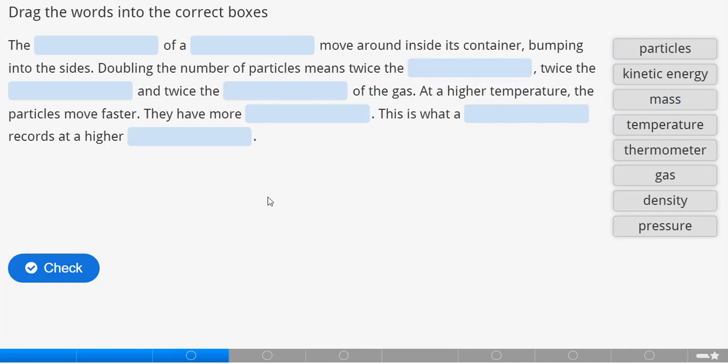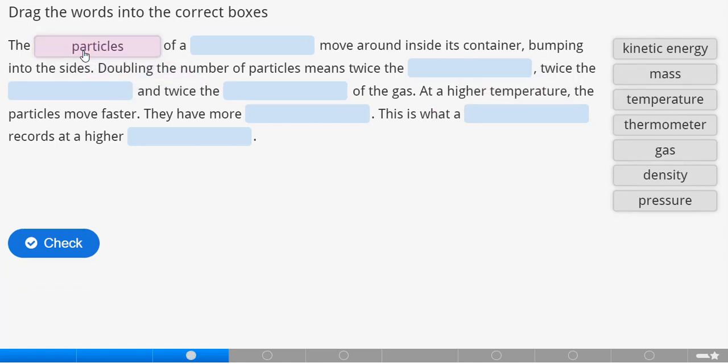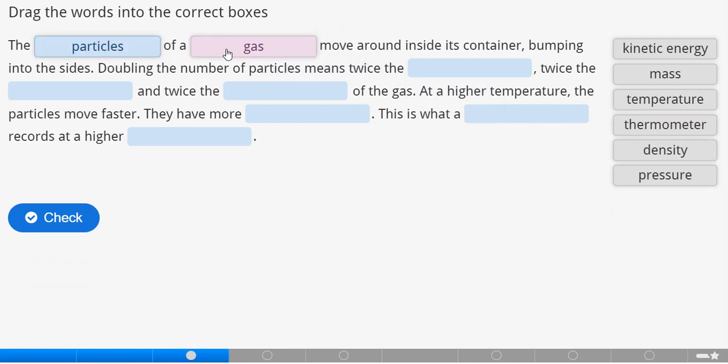We are to drag the following words into the correct boxes for the first activity of the day. Let's start. The particles of a gas move around inside its container, bumping into the sides.